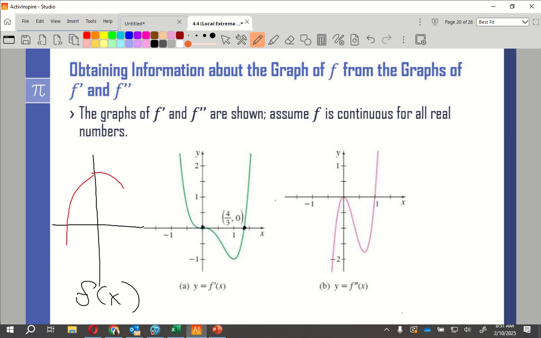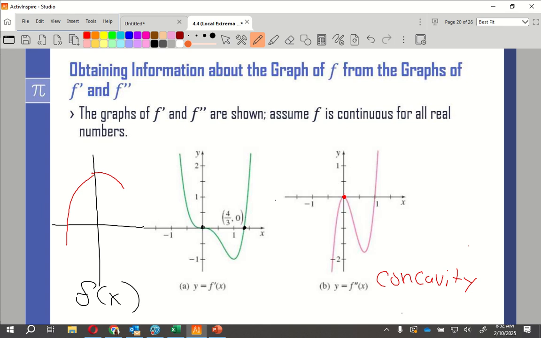And so right here, that's where it's equal to 0. This is the double prime. So this is the graph that actually changes concavity. So right here, since it's concavity, it goes up to 0, so that means it's going to change right there.